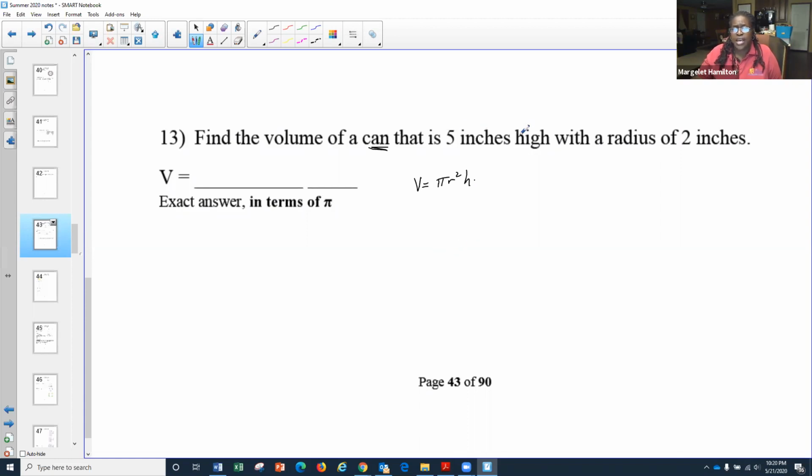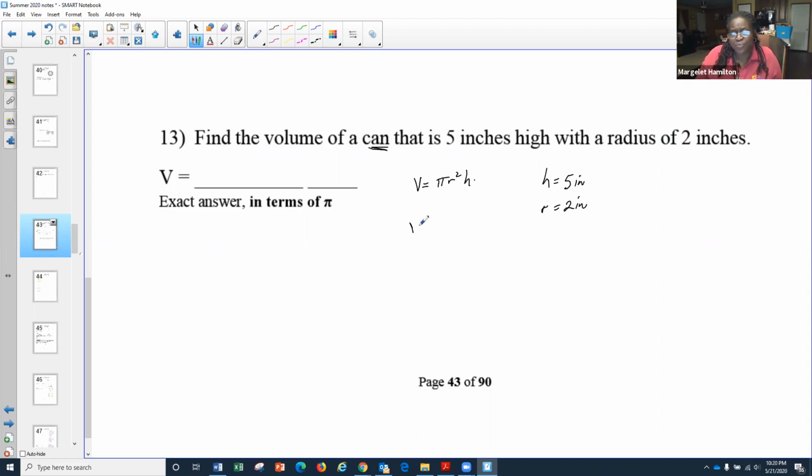They tell us that h equals 5 inches and the radius of 2 inches. So r equals 2 inches. Now look, in this case, they gave us the radius already, so we don't have to find it. That's very nice of them. Now we just got to plug it in.